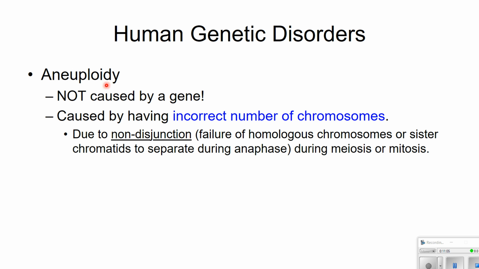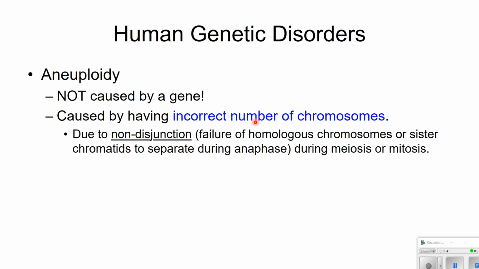We're not talking about a recessive allele that you must inherit 2 copies of, and we're not talking about a dominant allele that you must only inherit 1 copy of. With aneuploidy, what is causing the human genetic disorder is not a gene, but it's simply the fact that the child has inherited an incorrect number of chromosomes. So you know how this is supposed to work.